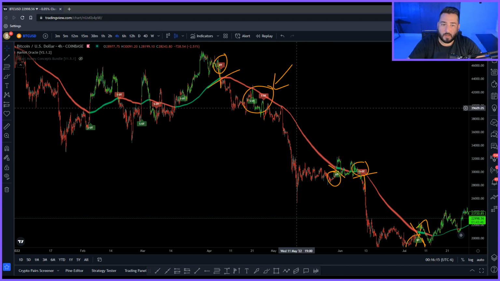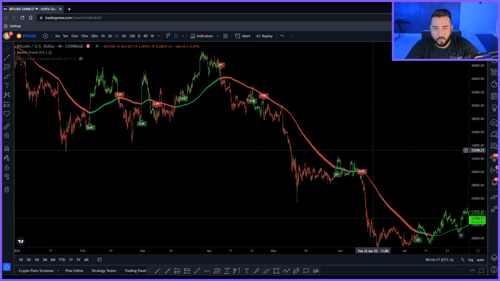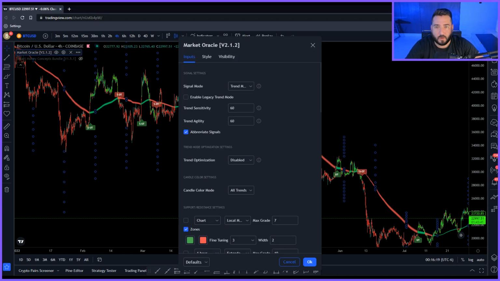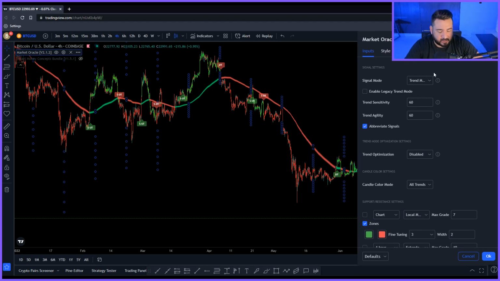Alrighty, so let's clear this up one more time and let's head over to our trend sensitivity and agility. At this point, I want to start moving my trend agility all the way to somewhere around 100. Once I start getting closer to 100 and I don't see big changes in the chart, then it's time for me to start moving my trend sensitivity.